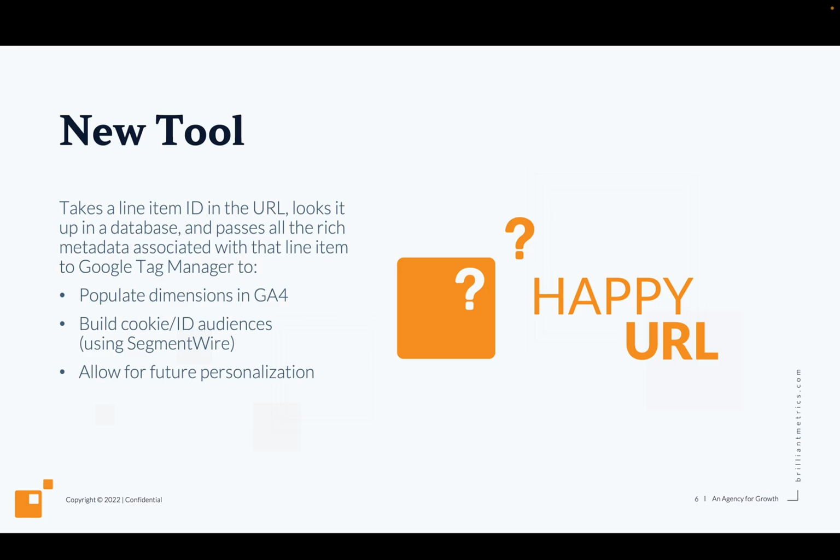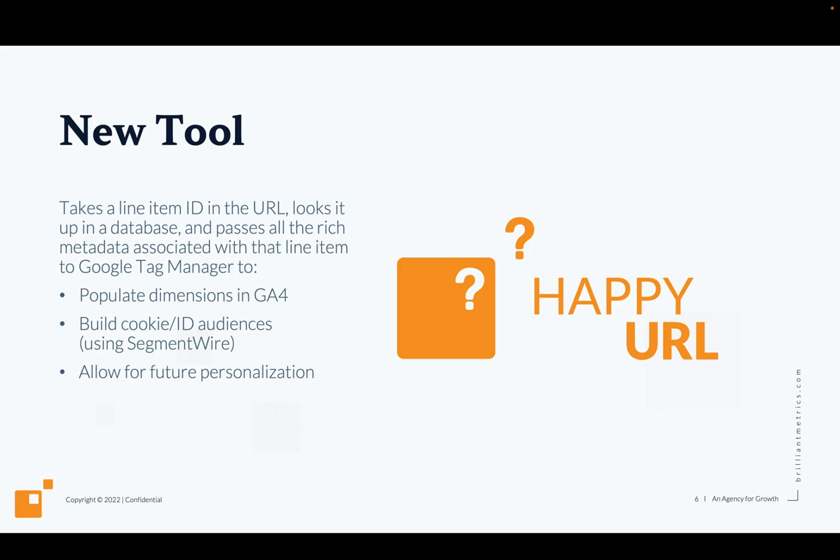It allows us to take that line item and upload all of the relevant information to Happy URL. And then when somebody visits a link that's tagged with that line item ID, all that rich information flows into Google Tag Manager, and then from Google Tag Manager, it flows into Google Analytics.